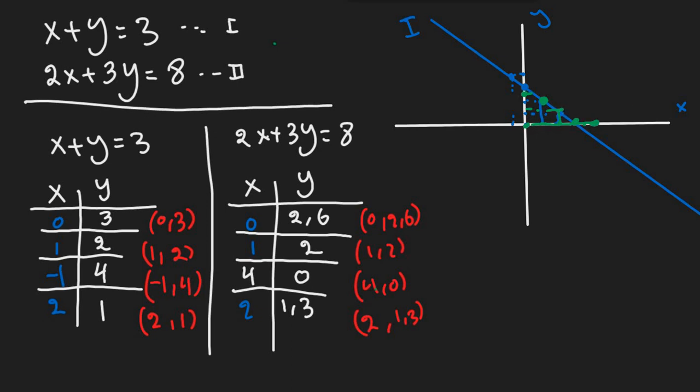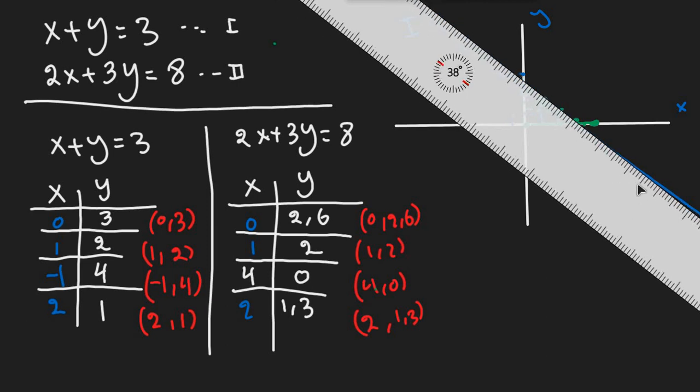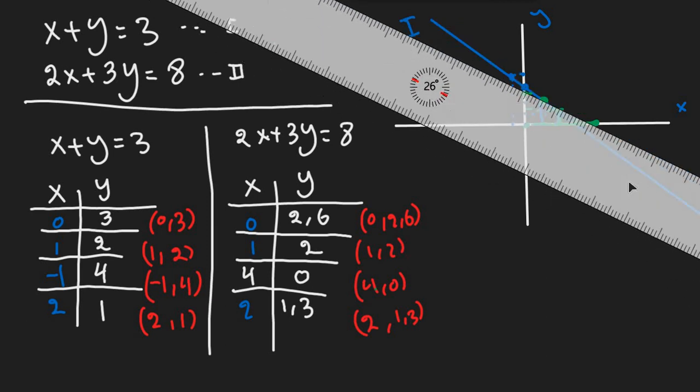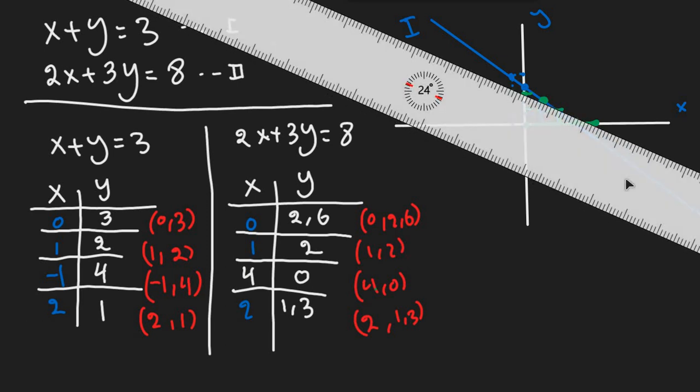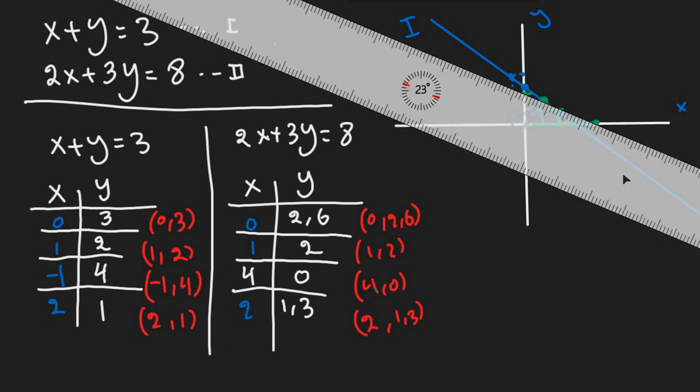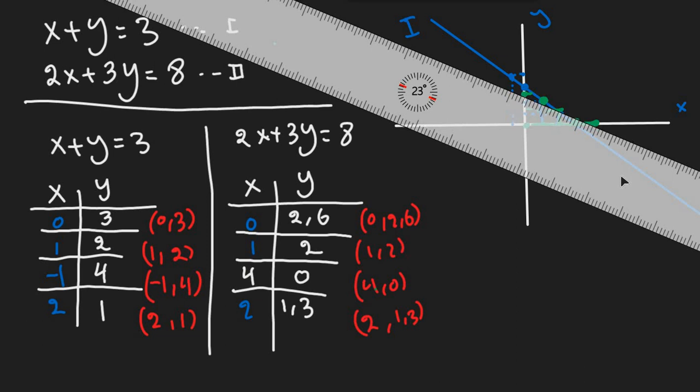So let's draw the second graph. We have these 3 points. We draw the graph.